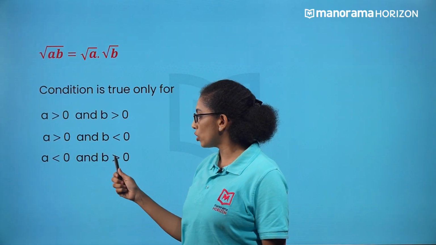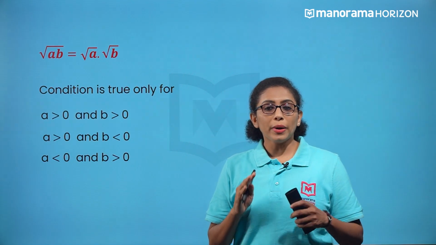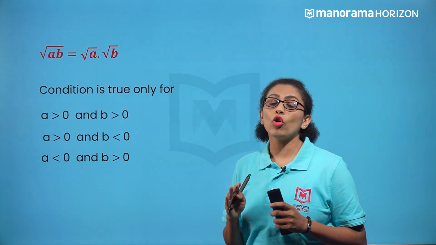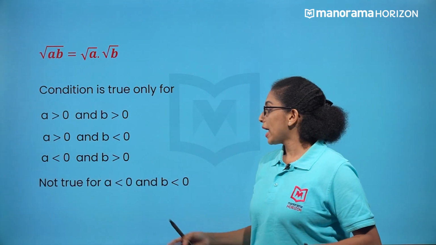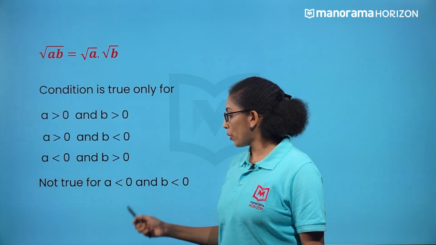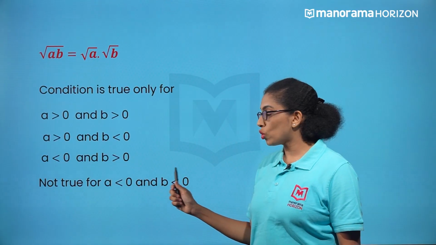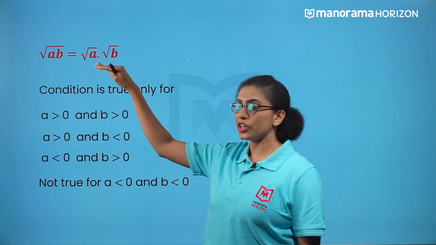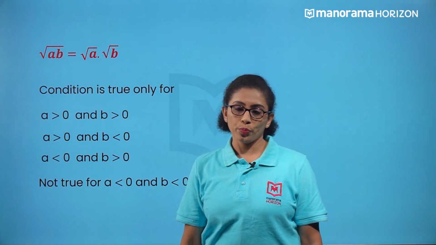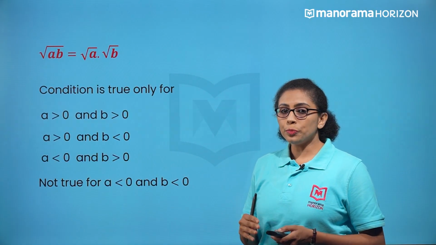That is A less than 0 and B greater than 0. But it does not hold for negative real numbers A and B. That means when the case is A less than 0 and B less than 0, this condition does not hold true.